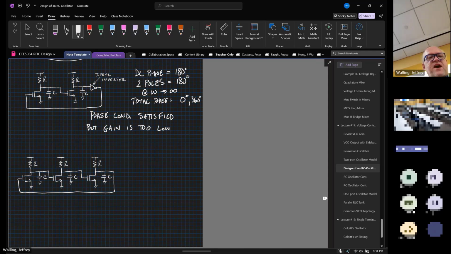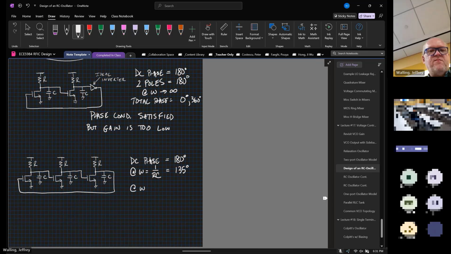All right. Well, let's just add a third analog inverter stage here and see what happens. We can quickly surmise that the DC phase shift is equal to 180 degrees. I've got 3 inverters, so 180 plus 180 plus 180 is 540 minus 360, 180. At a frequency of omega equal to 1 over RC, the phase shift is equal to 135 degrees.